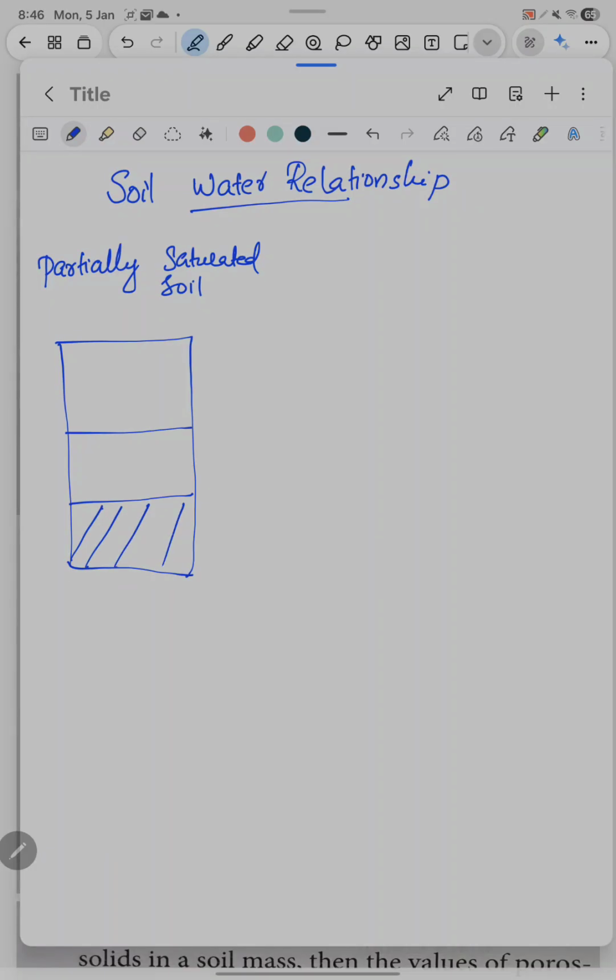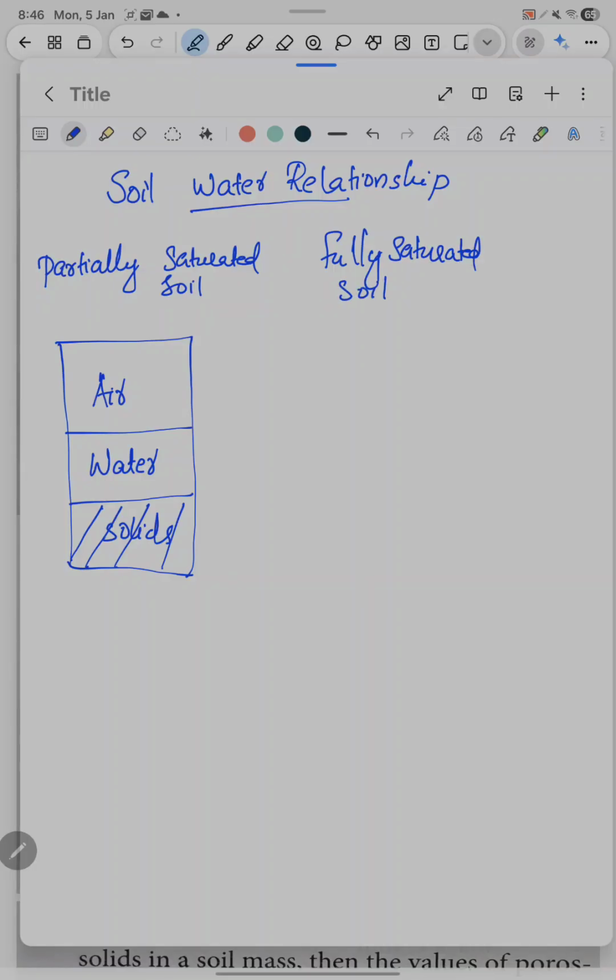Here soil solids, here it is water, here air. In case of partially saturated soil, the voids get occupied by water and air. And the next case is if we consider a fully saturated soil.